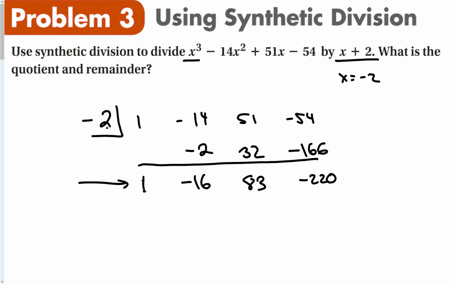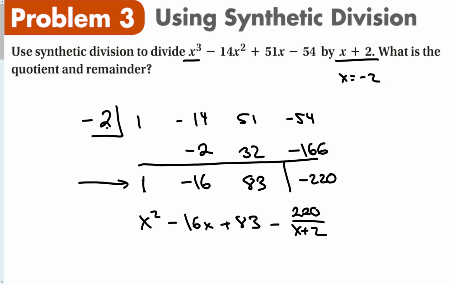So your degree will only go down by 1. So this becomes 1x squared minus 16x plus 83. This last term, sometimes I'll circle it to really emphasize that it is the remainder. So that's minus 220 over the divisor. Okay?